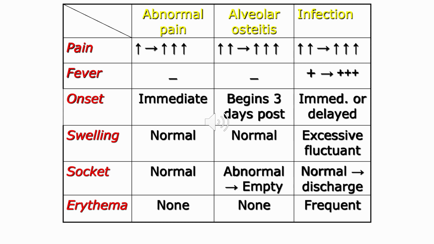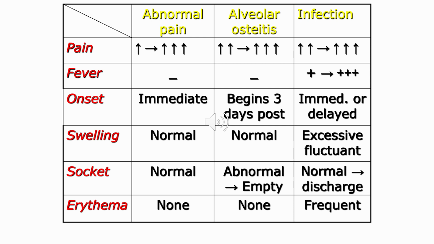Dry socket, it could be abnormal or empty. Versus an infection, you'll often see pus or exudate in the socket. Looking in the socket is pretty low yield. Certainly if you see pus, then you can say, yeah, infection. But saying it's empty with dry socket, I find it's pretty low yield. Often the gum's kind of collapsed over. It's tough to see in there. So this is sort of a low yield finding, sort of staring down the socket.